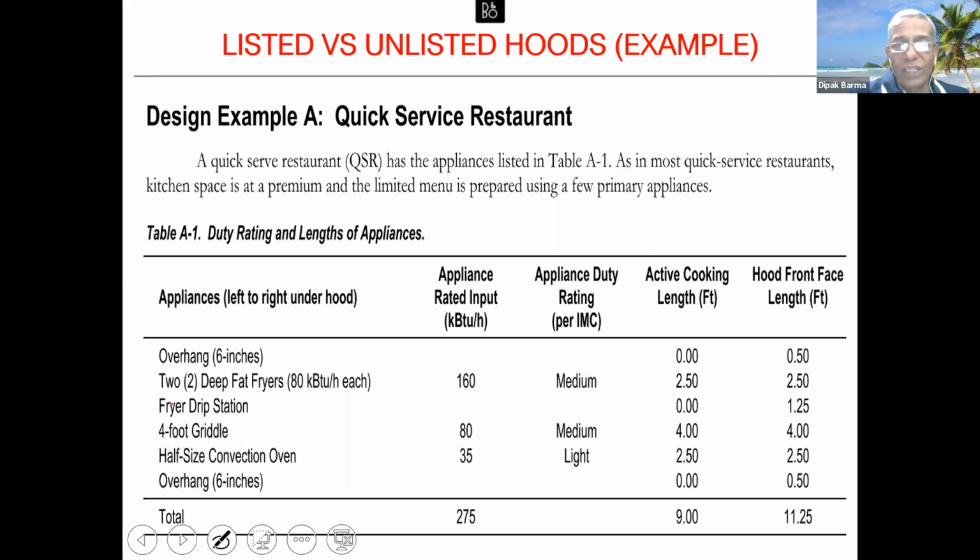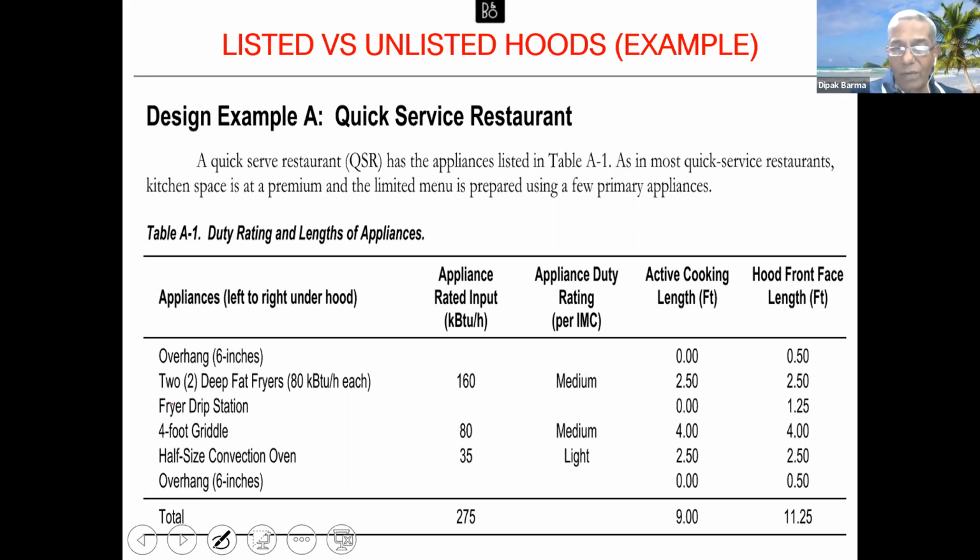Now, with a 6-inch overhang, the hood front face with 2 deep fryers, fryer drip station, 4-foot griddle, half-size convection oven, and overhang 6 inches, we have the length requirement of the hood, which is about 11.25 feet, whereas the active cooking length is 9 feet.